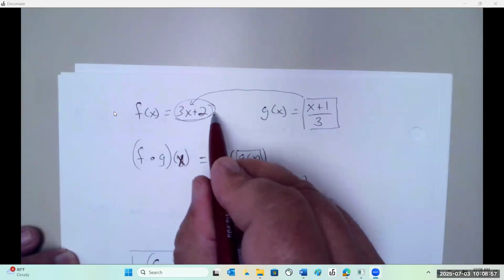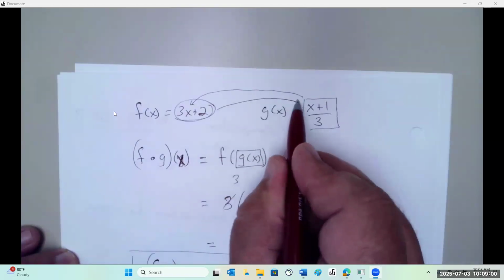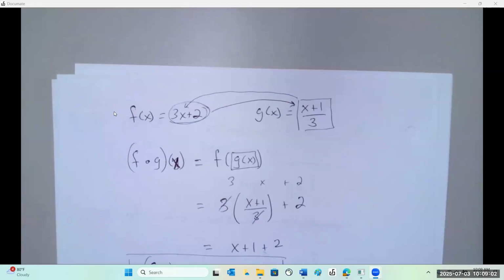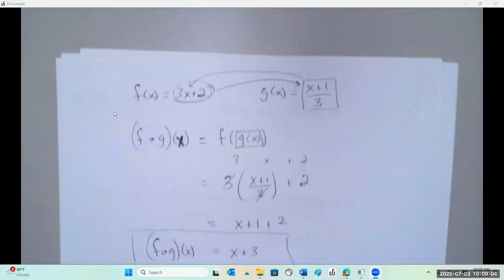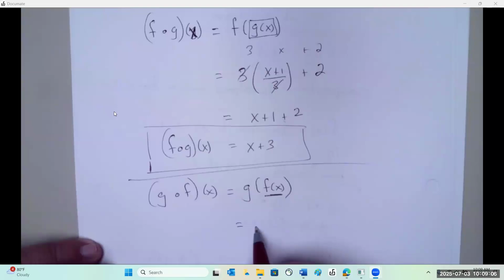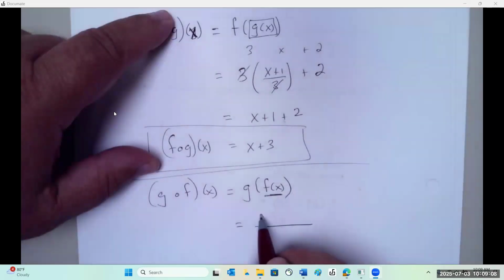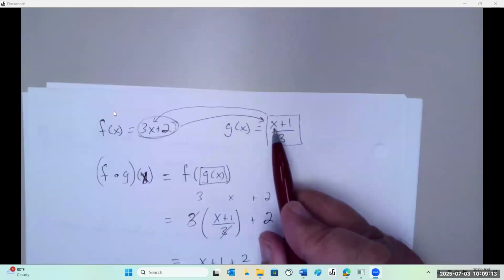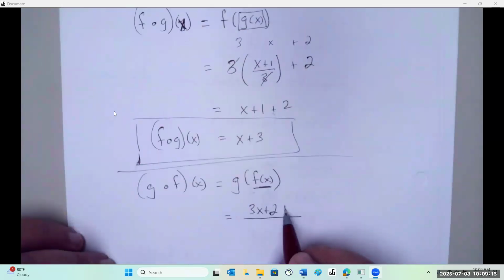Anywhere I see an x inside g of x, I put it in its place. So what this one says is I have 3x plus 2, that's the x value of my g function, plus 1, over 3.